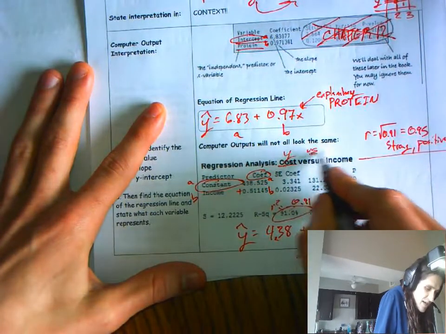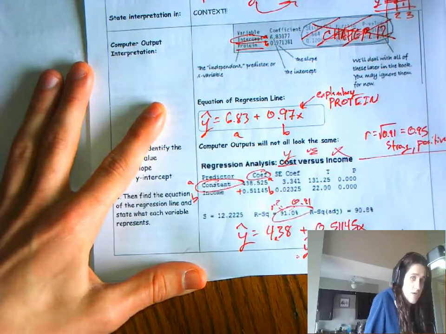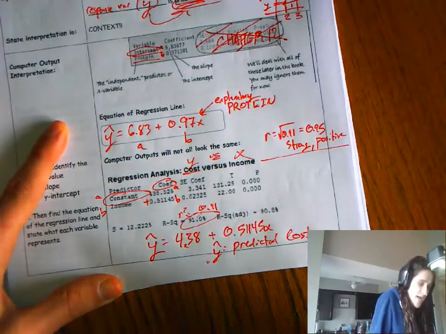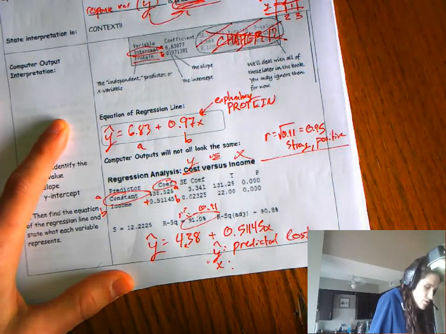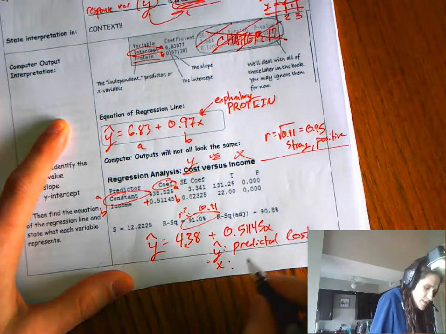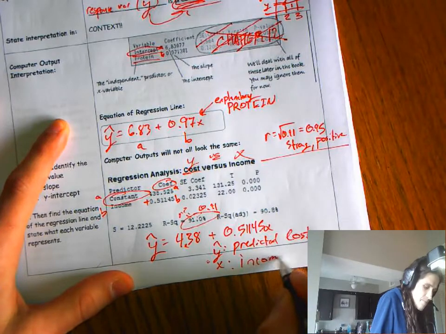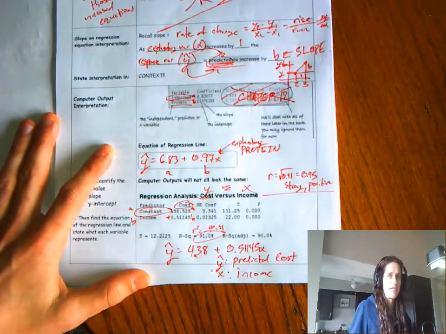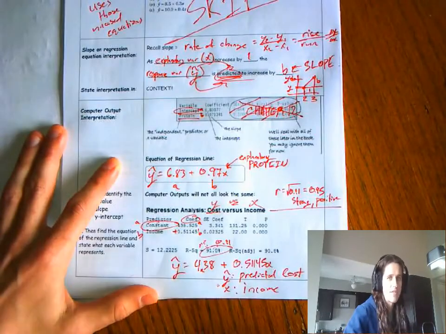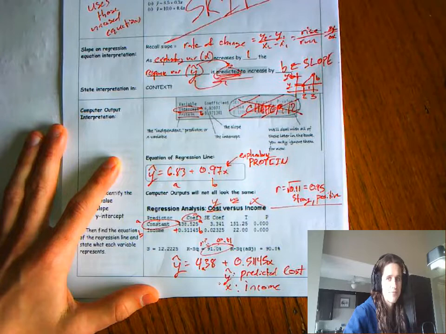Y versus X is the common syntax. You can't see that because of my head. Y hat's the predicted cost, and X is the... What is X? X is the income. Back out, because I suspect that maybe my head has been blocking things all along. So I'll back out and give you an opportunity to pause.